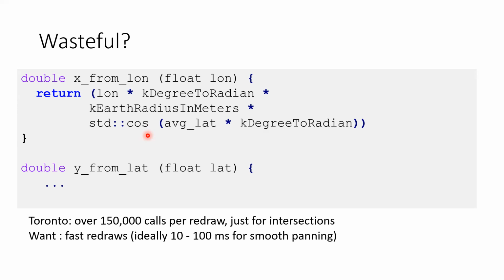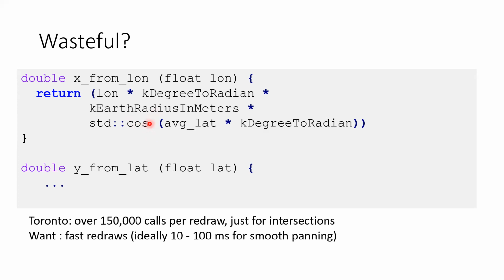So in Toronto, if you are only drawing intersections and not drawing any features, any streets, street segments, any points of interest, it will call this function over 150 million times. This is called every time you want to convert from lat long.